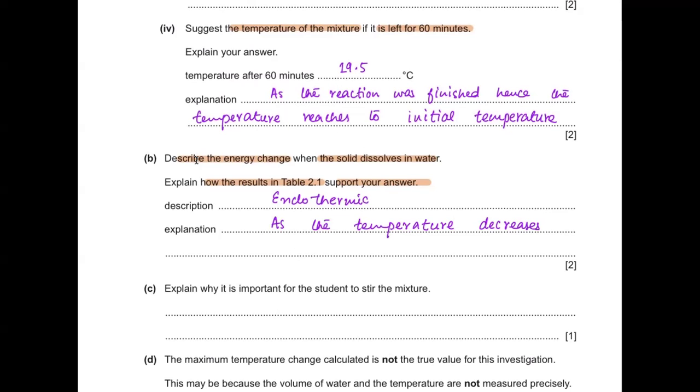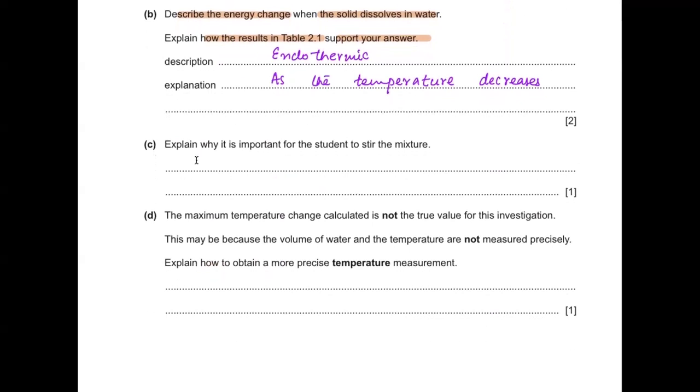Is this clear to all of you? Now, next part. Sir, can't we say that the heat is absorbed from the surroundings? But how could you know that the heat is absorbed? The evidence is that there is a decrease in temperature. That's why the heat is absorbed. So if you write the heat is absorbed, so again you have to second that by mentioning that it is because it is observed as the temperature decreases. Okay.